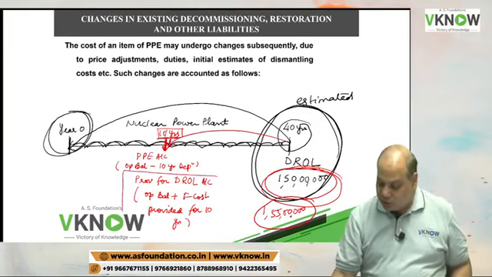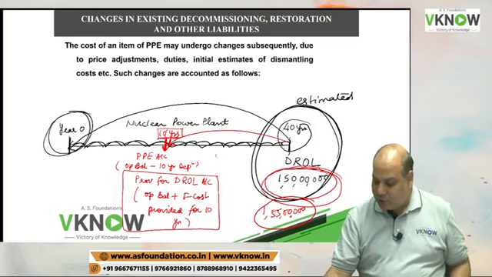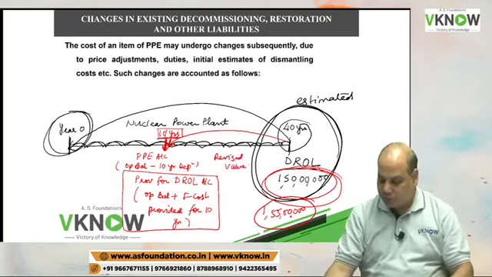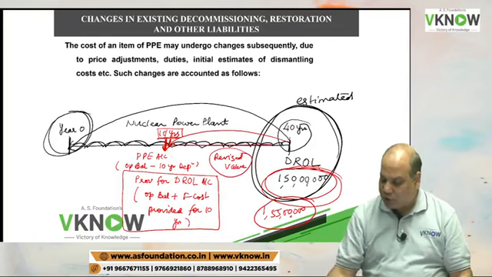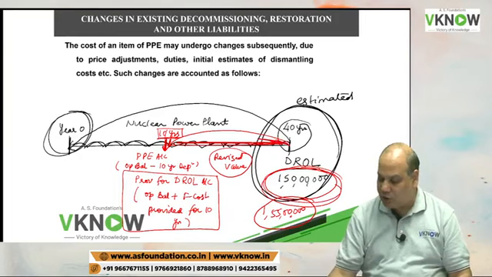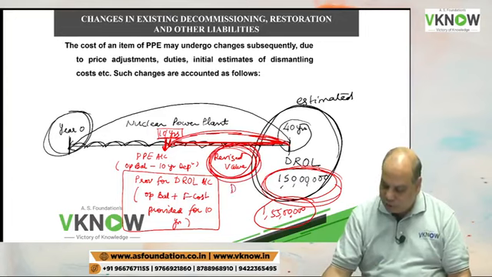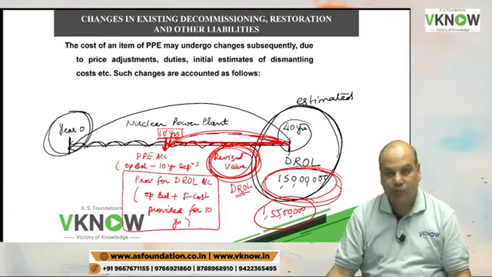This is my book value. I will compare it with the revised value. Based on revised information about decommissioning liability, discount rate, etc., I will calculate the revised value of my decommissioning, restoration, and other liability.